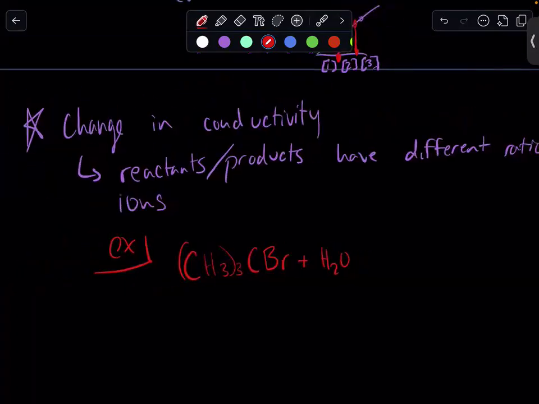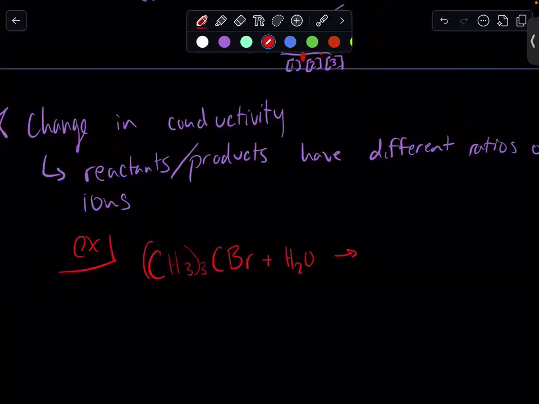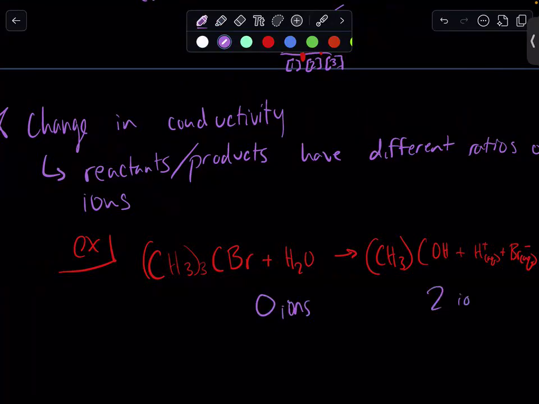What we will often see is that water will be split and we will get CH3COH, an alcohol group here, which will create an H plus ion in solution, aqueous, and a bromide ion in solution, aqueous. And now we go from originally 0 ions to 2 ions or 2 moles of ions.